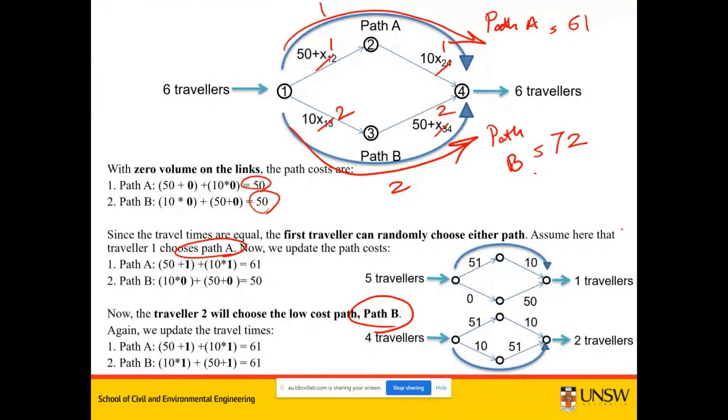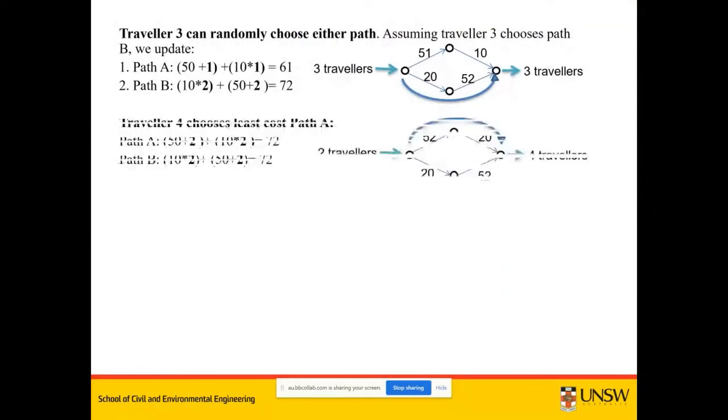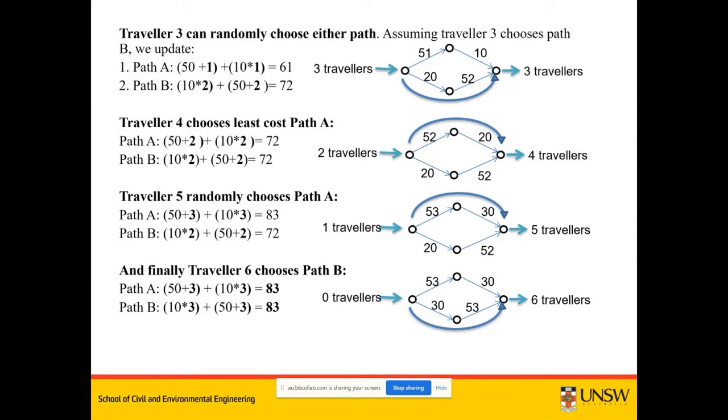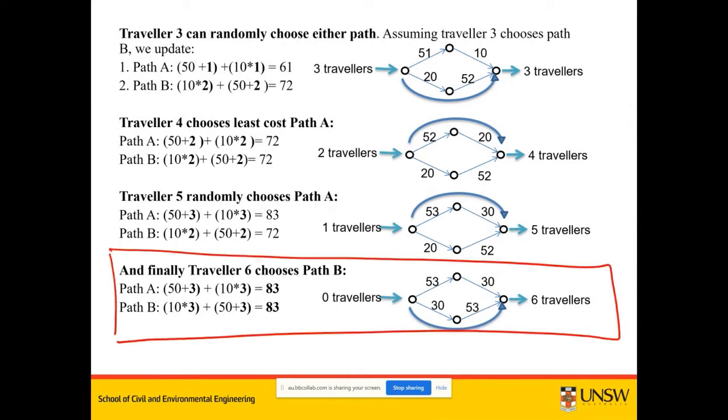So now, if we keep incrementally loading, you can see that the path cost keeps changing and switching. And if you keep doing this, I've done it here. And finally, traveler 6 will choose path B, and there you go.